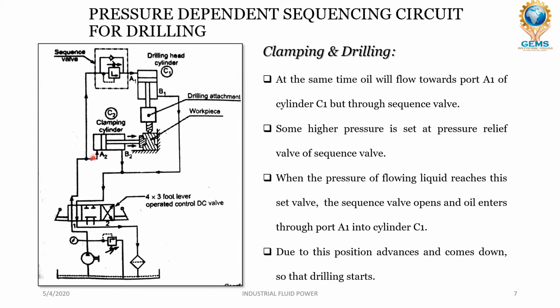It means once A2 is completely filled, the workpiece is completely clamped, then the pressure increases here. When the pressure reaches the set value, only then the sequence valve opens so that the flow goes through A1. Then the drilling operation happens, bringing this piston down, so the piston advances and comes down and drilling starts.